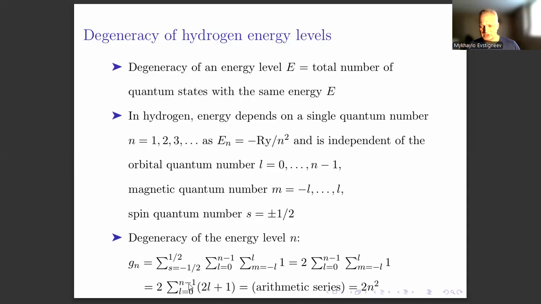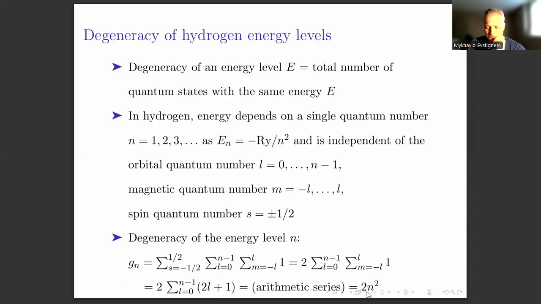So this is the average value of a single term in the series. First one plus the last one divided by 2, the average, multiplied with the total number of terms in the sum. And if you apply this approach to evaluate the sum of this 2L plus 1 arithmetic series, you will get in the end that the arithmetic series has the value n squared, the principal quantum number squared.